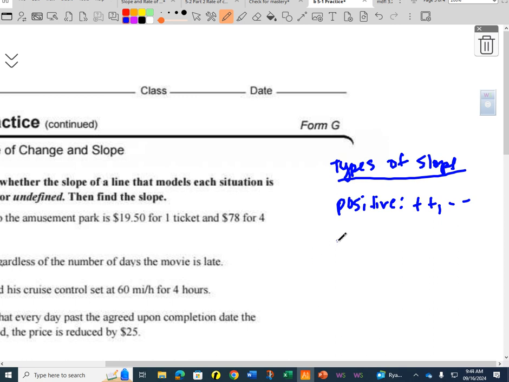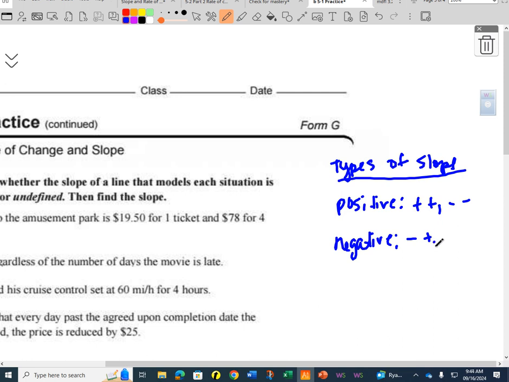A negative slope means that if my input decreases, my output increases. Or if my input increases and my output decreases, think about it, negative times a positive is a negative number, right?